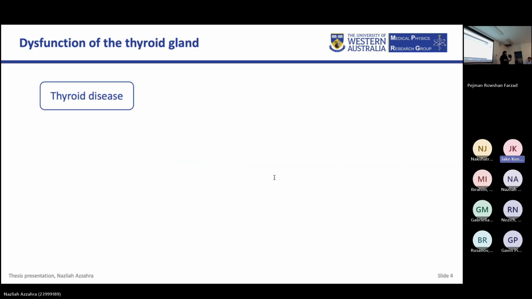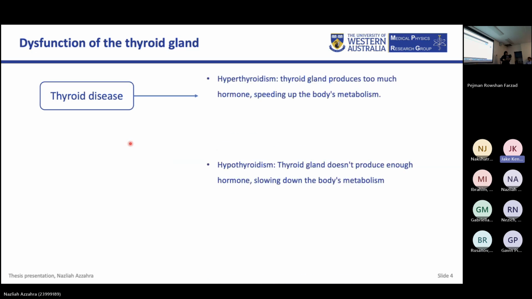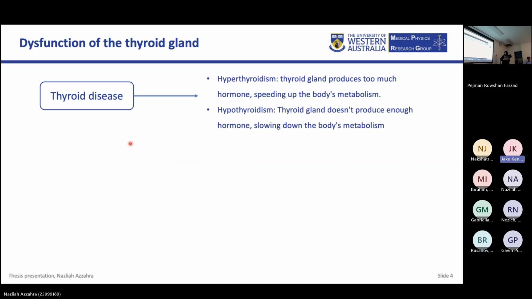When we are talking about thyroid dysfunction, there are two main types: thyroid disease and thyroid cancer. There are two main categories of thyroid disease. The first one is hyperthyroid, where the thyroid produces too much hormone, and the second one is hypothyroid, where the thyroid gland doesn't produce enough hormone.